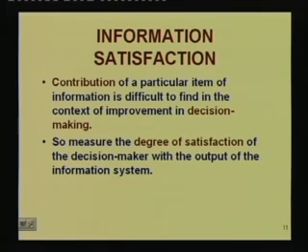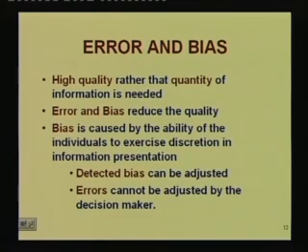Let him specify his satisfaction as a measure in degrees of satisfaction, maybe on some scale, 5-point scale or 7-point scale or 9-point scale. We have to design some scale in which he will say what is the degree of his satisfaction with regard to the availability of a bit of information.